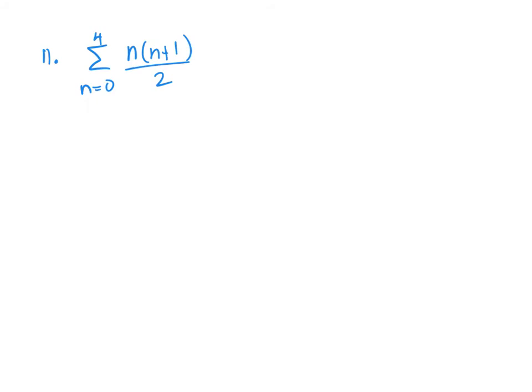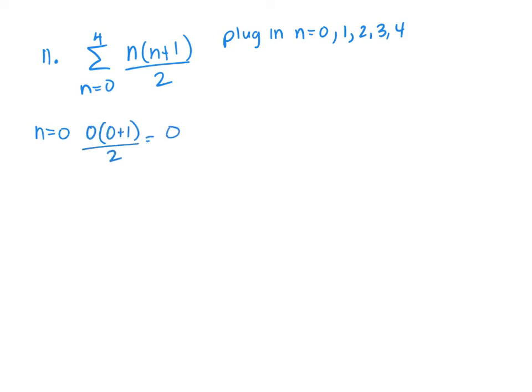So I have to just do this by hand by plugging in n equals 0, 1, 2, 3, and 4. And then I'm going to add it all up. So when I plug in n equals 0, we get 0 times 0 plus 1 over 2 is 0, because 0 times anything is 0.